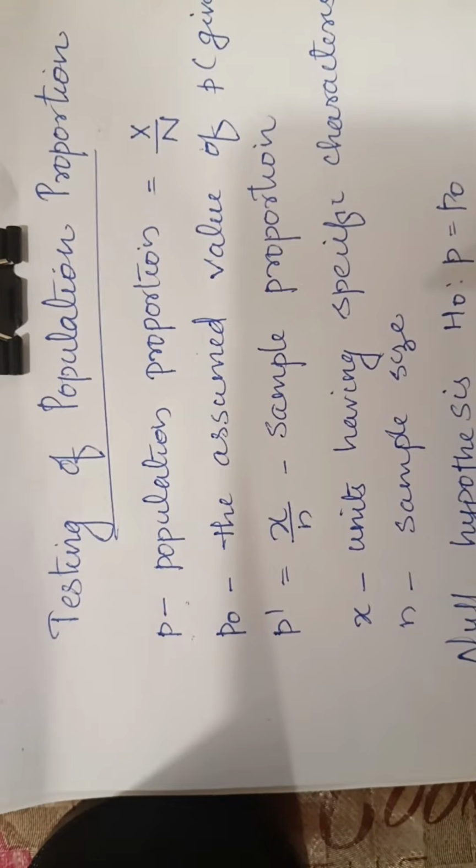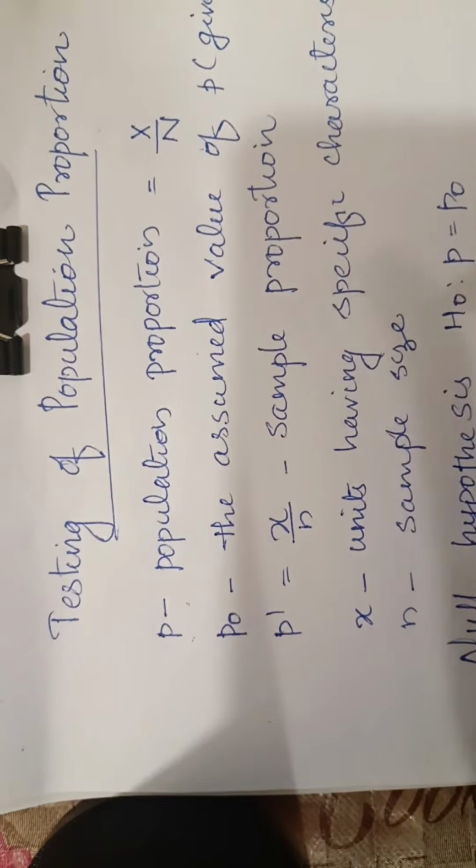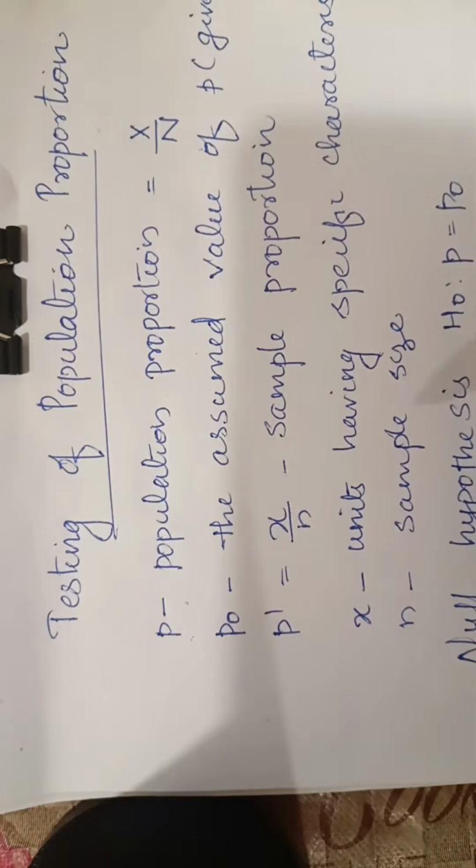Or otherwise, if we want to check whether a die or a coin is unbiased, we don't know the ratio of actual successes to the total number of trials, so we will conduct this experiment a number of times, and out of these we will get some number of successes. That's again a case of testing of population proportion.